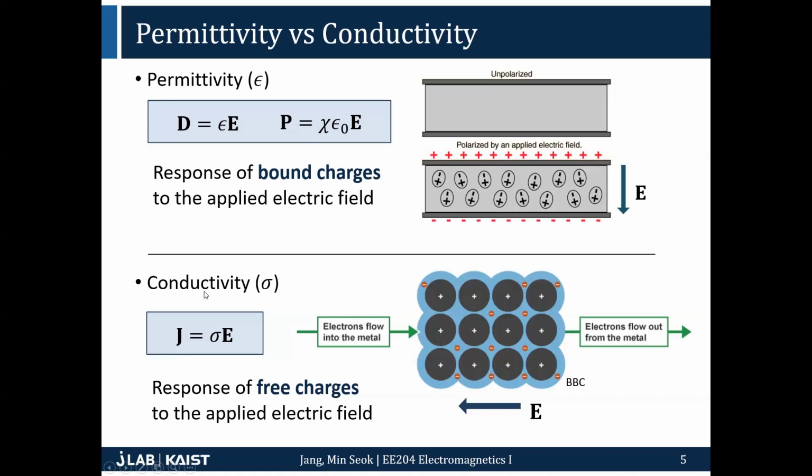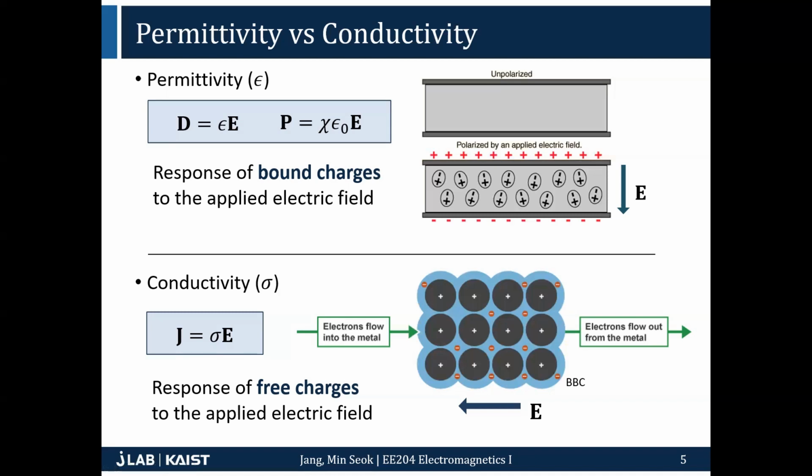Conductivity is different. Conductivity connects J and E. It means how much current flows when an electric field is applied, so it tells you the response of free charges to the applied electric field. Conductivity is typically defined for conducting materials like gold, silver, or semiconductors.